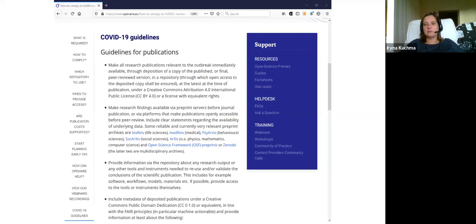And then, of course, there is a standard recommendation to make publications openly available at the latest, at the time of publication. That's a difference, because with non-COVID-19 related research, there is certain embargo periods that projects could have.